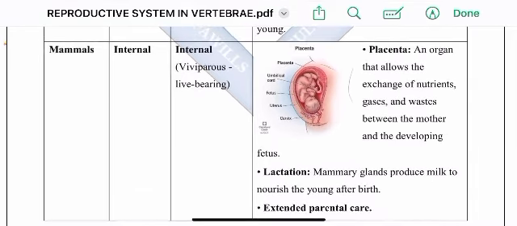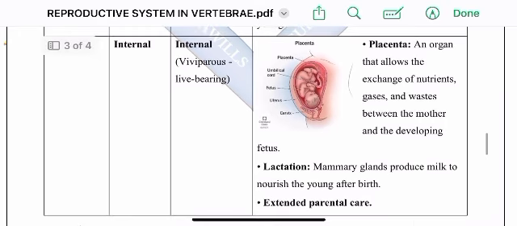Now, there's another major organ that is very important that is being used by the fetus. This organ allows exchange of materials, exchange of nutrients, gases, and waste between the fetus and the mother.